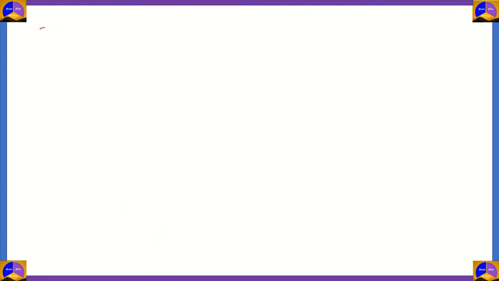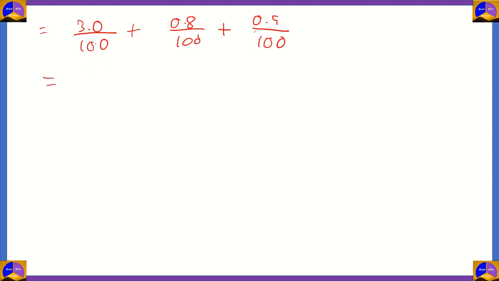Again, we'll just start multiplying them. 50 times 0.06 is equal to 3.0 divided by 100, plus the second part we already did, it's 0.8 divided by 100, plus the third part is 0.03 times 30, that is 0.9 divided by 100. Now let's add the numerators.